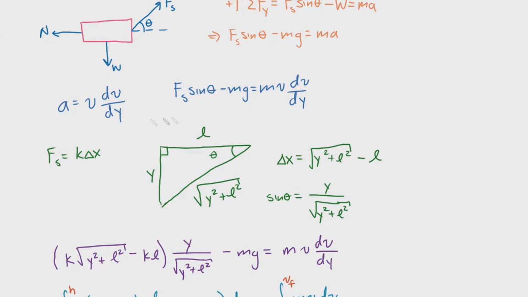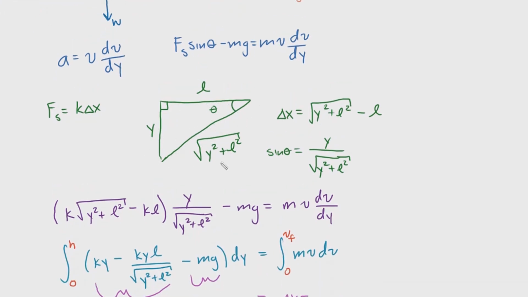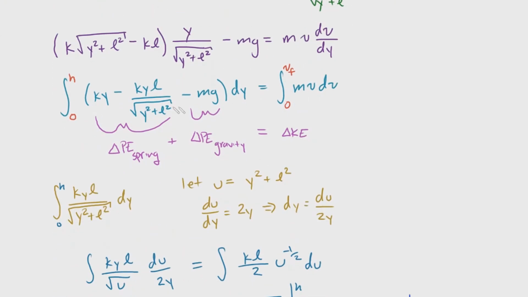So we plugged this differential into this equation, and we defined the spring force as we did earlier, with the change in x and so forth, and we plugged all that in, and then we took the integral. The first thing we did was write the limits of integration, and since we already defined a direction with these forces, all we had to do is define how far it traveled, which was from 0 to h, and this is going to be from 0 to v final, because we said there's no velocity at the initial state, which is at a.